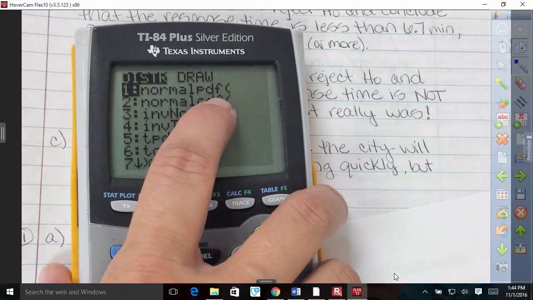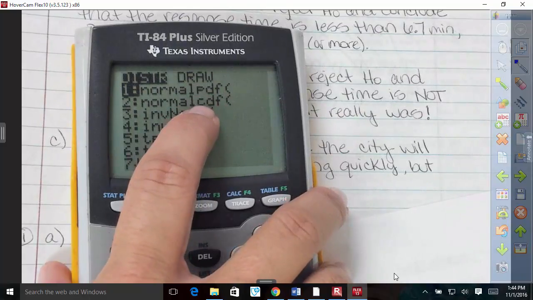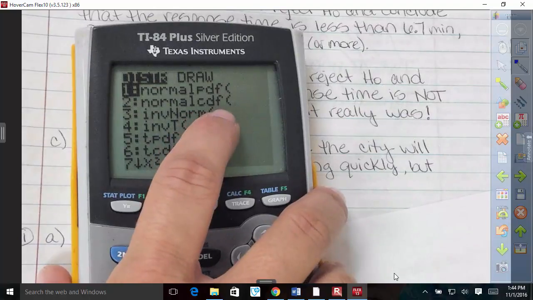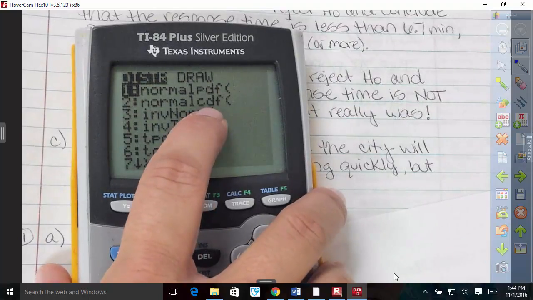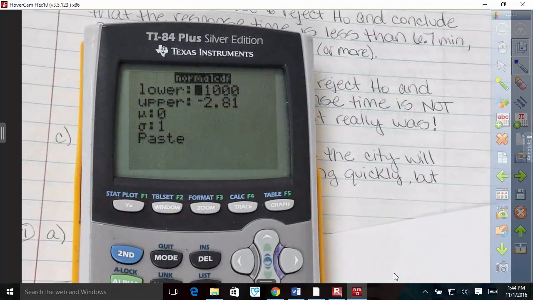I mean, if you go on to college and you do some more statistics, maybe. But in this class, you are never using number 1. Number 2 is cumulative density function, CDF. That means we're looking for less than. That is cumulative. So number 2 is what you're using. Lower is negative 1,000. Upper, negative 2.81, or 2.8 if y'all got 2.8.